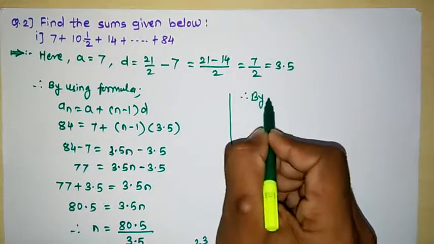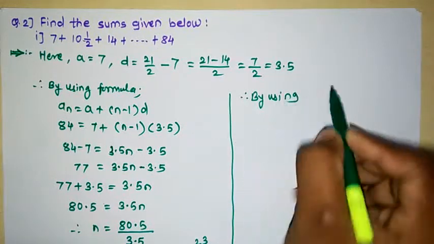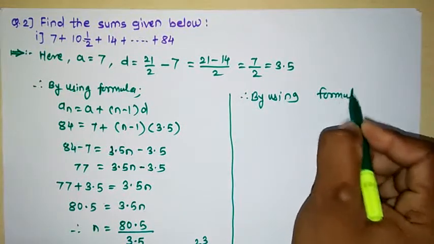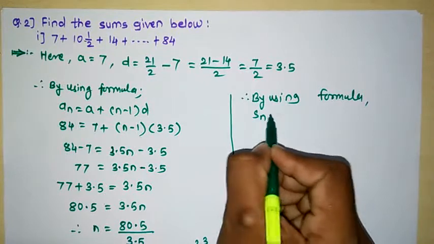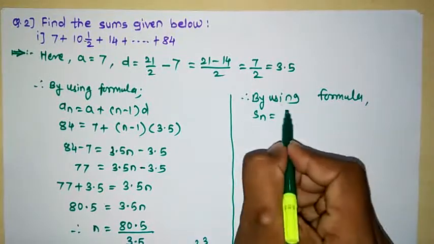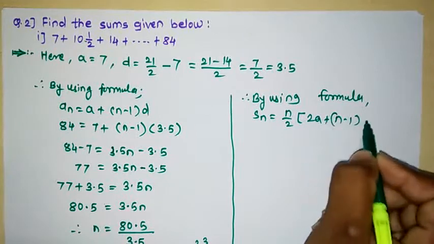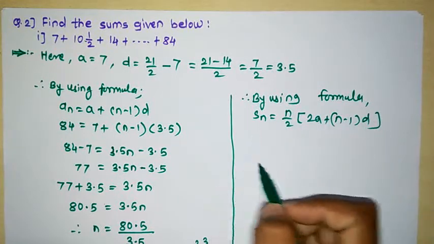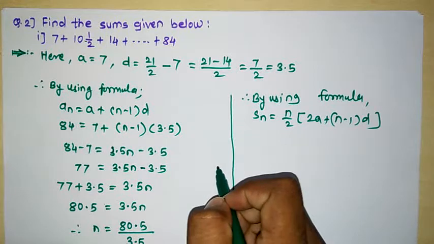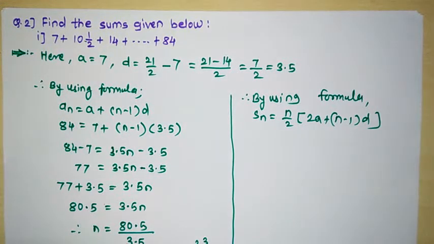Therefore by using the formula, the sum of the n terms is equal to n by 2 into 2a plus n minus 1 into d. Now here, how many terms' sum do we have to find? Here we have to find the sum of the first 23 terms, because we got n is equal to 23.